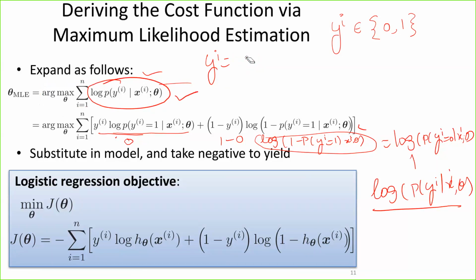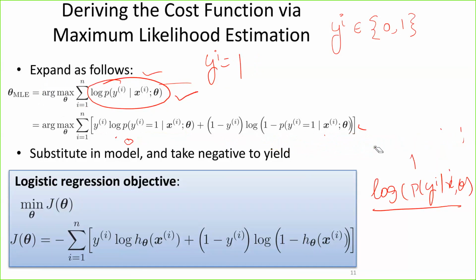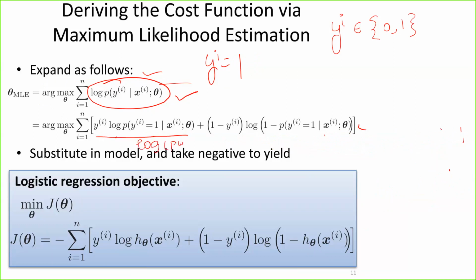Now take yi equivalent to 1. When yi equivalent to 1, what is this term? Log probability of yi equivalent to 1 given xi and theta. Plus, what is this term when yi equivalent to 1? 1 minus 1 is 0, and 0 times anything is 0.